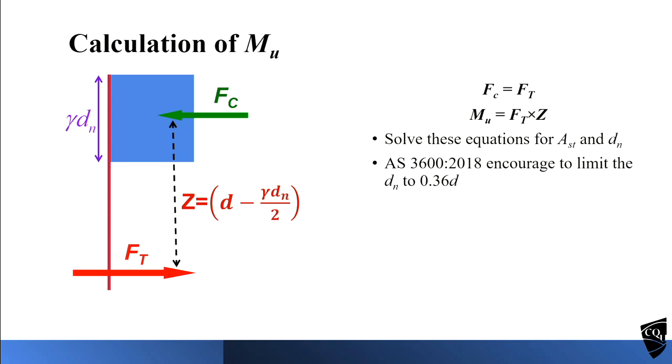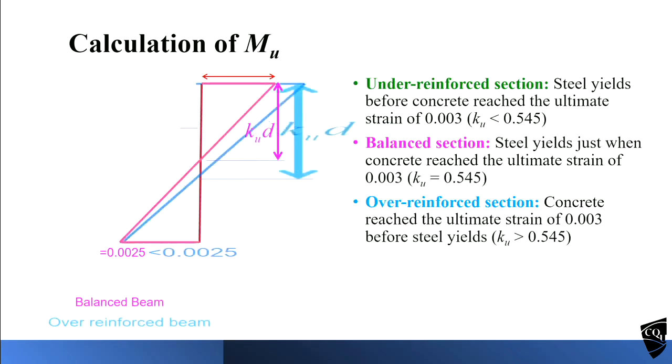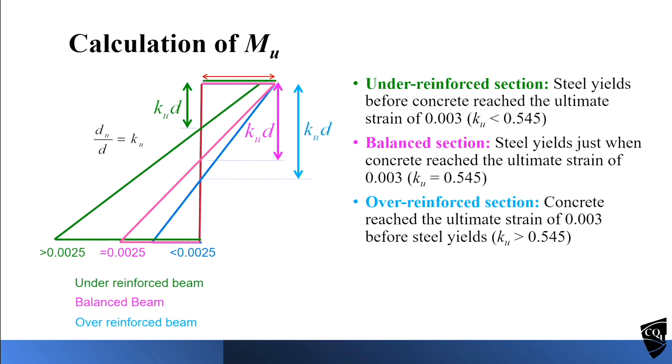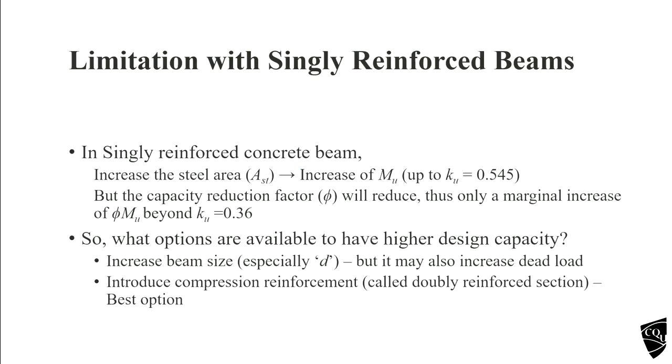So what does that mean? You need to put more and more steel to increase the moment capacity. So the Mu will increase with the Ast up to the balance section.